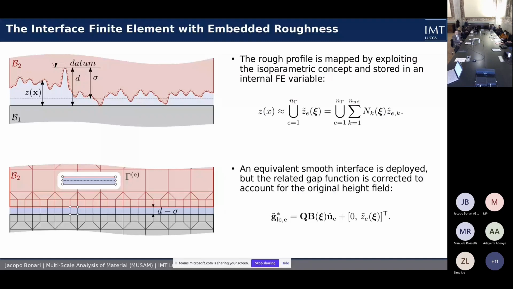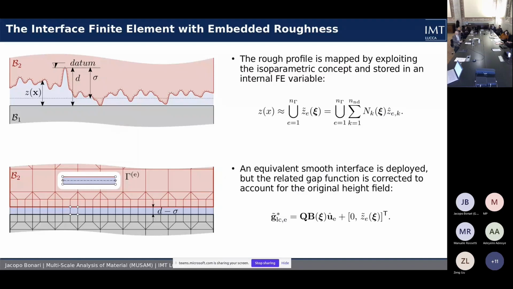At this point, we are dealing with a different problem, of course, because we are getting rid of all the complexities related to the original rough geometry, but since we have stored the original height in the variable z, we are actually able to recover the original condition of the problem by suitably defining a modified quantity, which is the normal gap, which maps the contact zone of our problem and restores the original contact conditions of the complex problem.